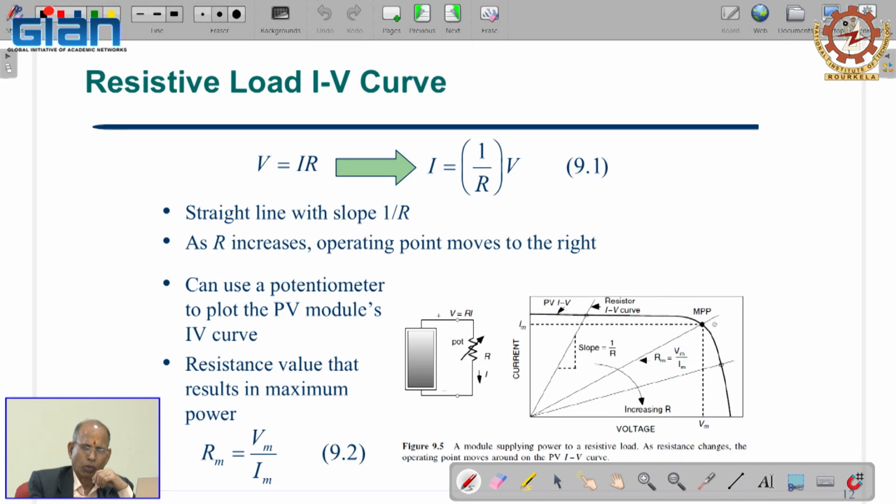So we have this point corresponding to the MPP condition. Wherever you see the neck, from the neck point you drop this line vertically and horizontally. The vertical line is your Vm, maximum voltage, and the horizontal is the maximum current, Im.